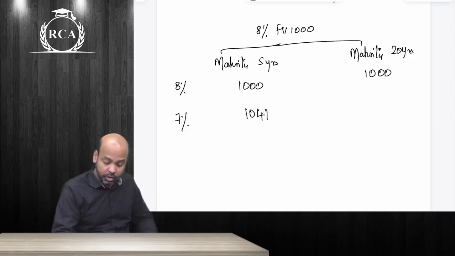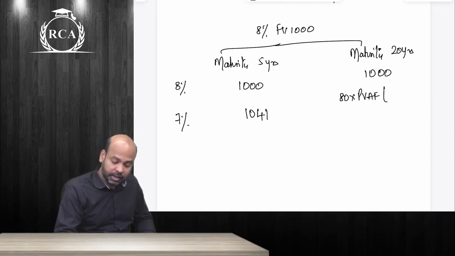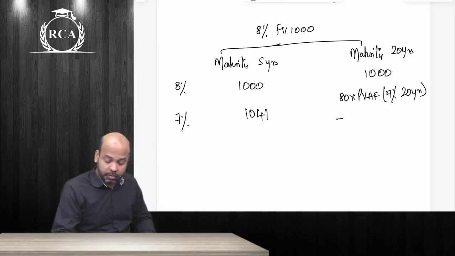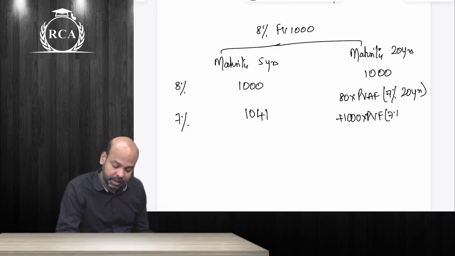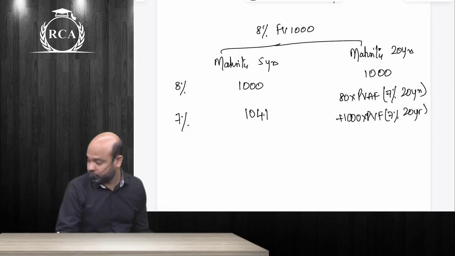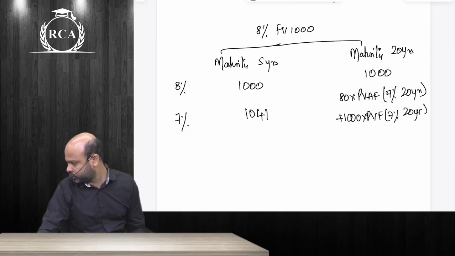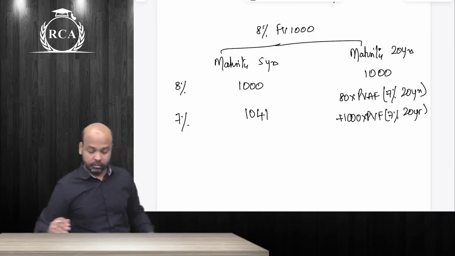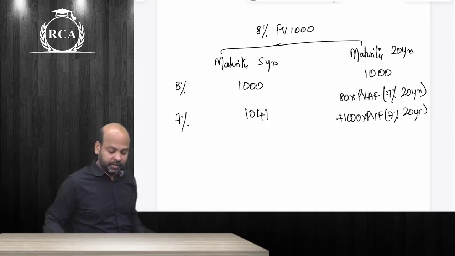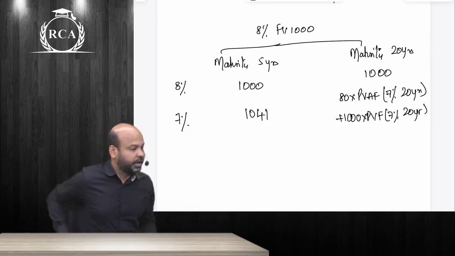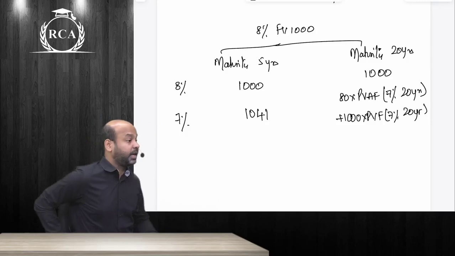You will have to now compute the other part: 80 rupees into PVAF at 7% for 20 years, plus 1000 rupees into present value factor at 7% for the 20th year.